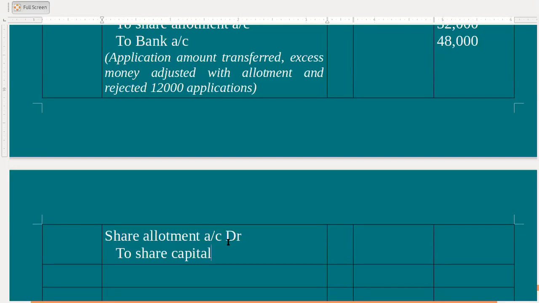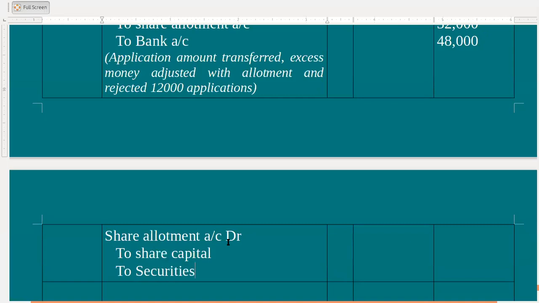Then what will be the journal entry? Again, to premium account. Very good, securities premium reserve account. Okay, what is the amount? 2 lakh, to share allotment, 2 lakh, right?